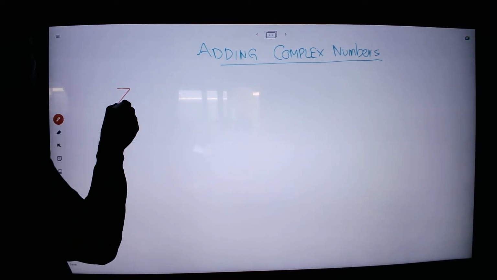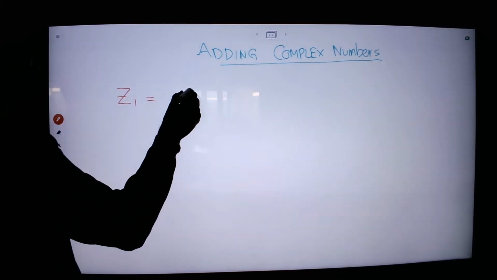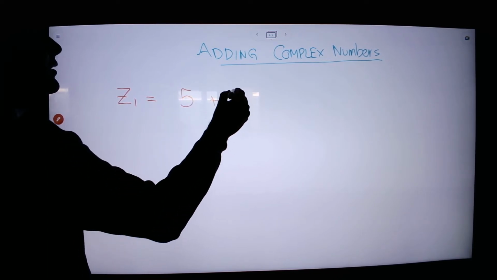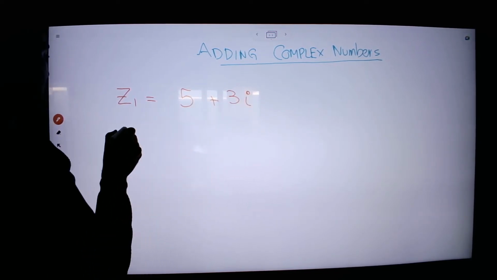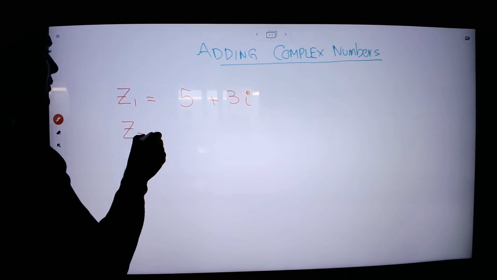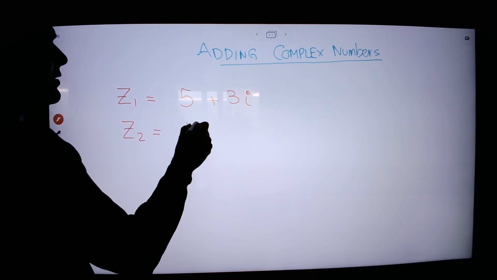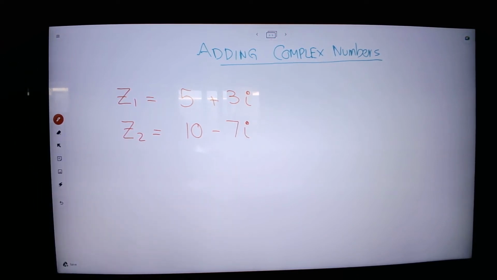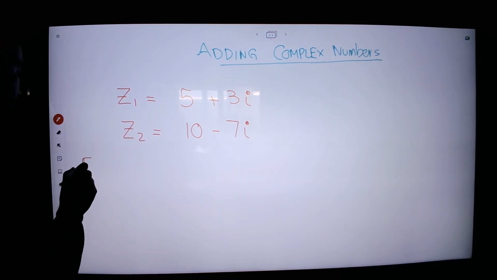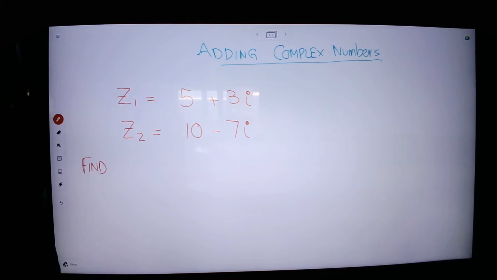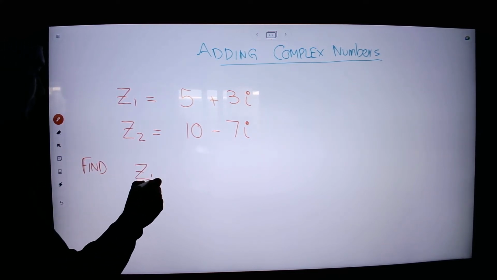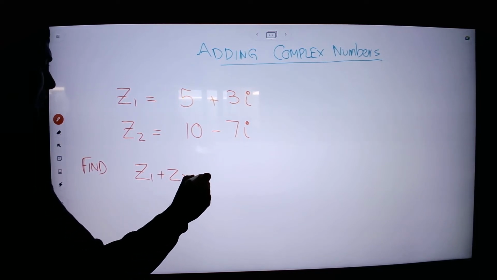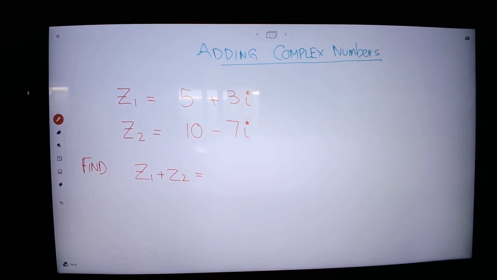Let's say Z1 is 5 plus 3i and I've got another complex number, Z2 is 10 minus 7i. And the question is to find Z1 plus Z2, which means I have to add these two complex numbers.